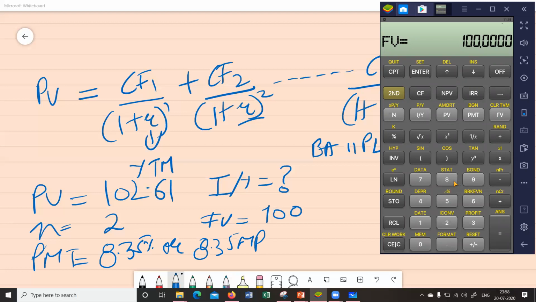Coupon is also an inflow, so I'm going to take it as a positive figure. I'm sorry, let me just add a decimal to it. Right, and now store it in PMT. And I think we're done with all the values, and now we just need to compute I by Y, which comes out to be 6.90. So I'm just going to write it somewhere.